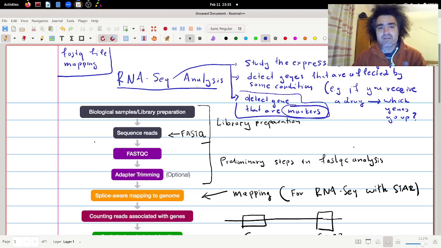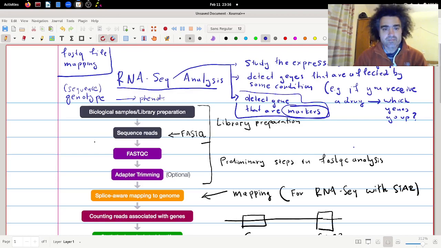And in any case, understanding the regulation of gene expression, understanding gene expression itself is very important for biological systems, because gene expression is the first step that brings us from the genotype, which is the sequence, to the phenotype. So phenotype is something very complex.